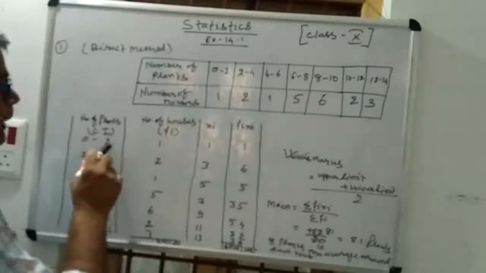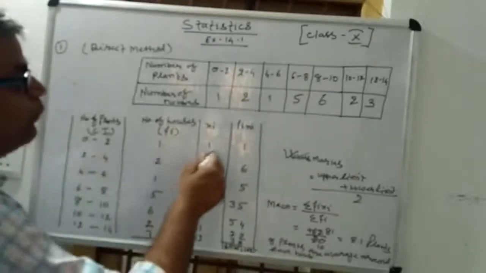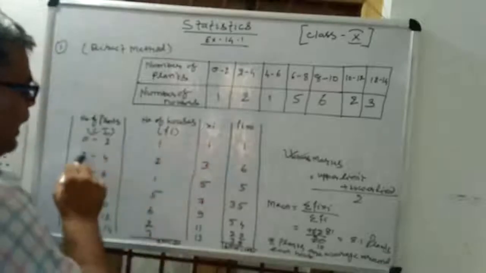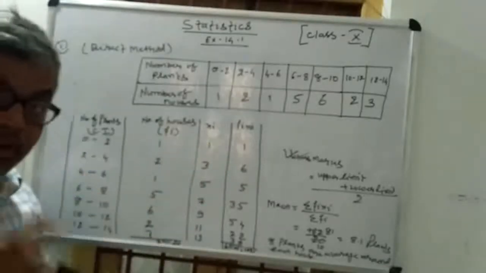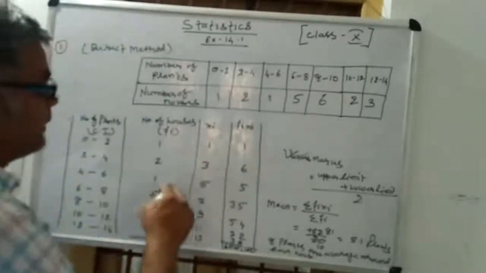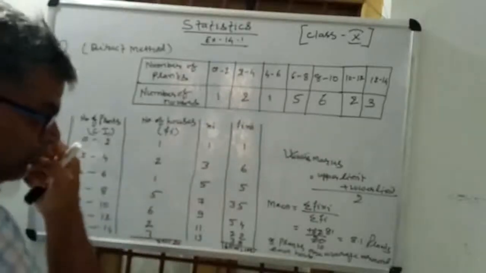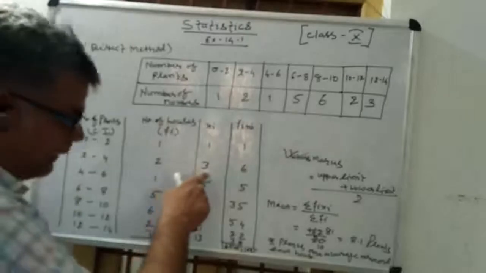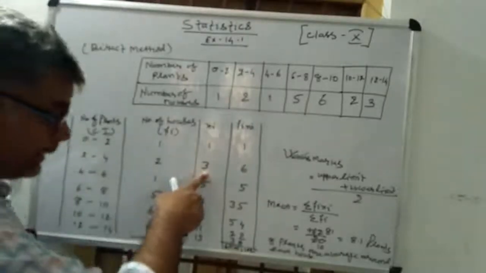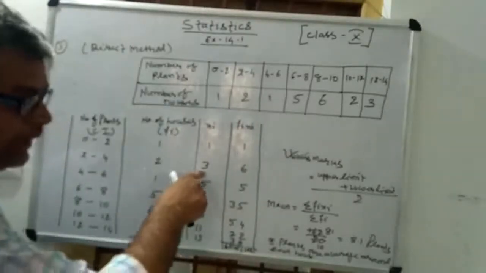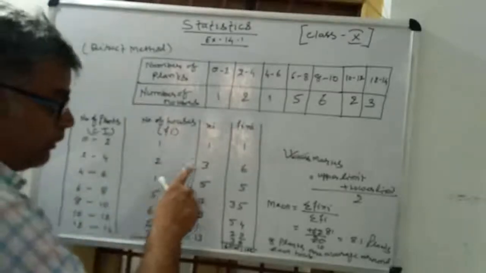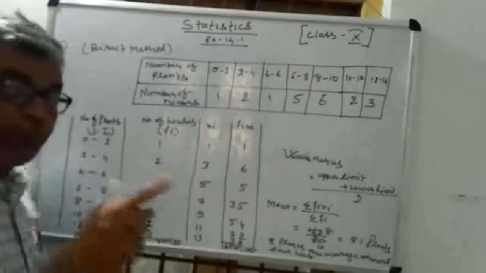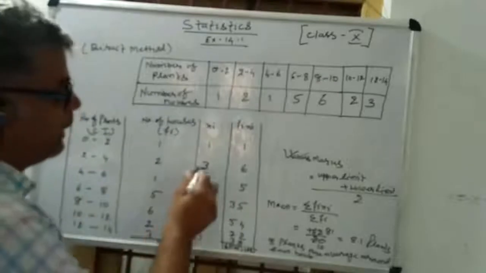So 0 plus 2 divided by 2 gives 1, and 2 plus 4 is 6, divided by 2, we get 3.